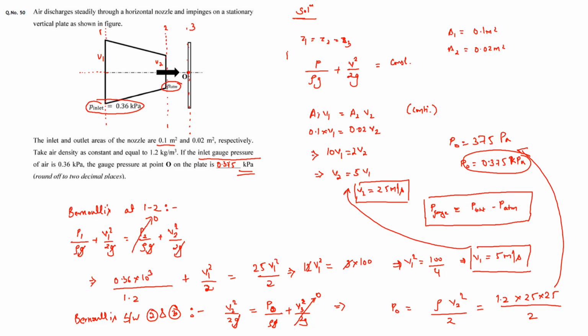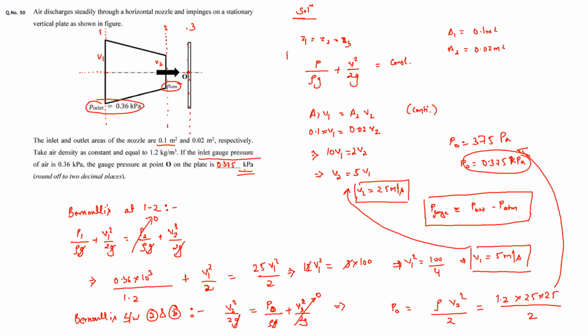So I guess the only thing here you need to be careful about is this Pascal to kilopascal conversion at the end. And yeah, the mistakes mostly happen at this point. After doing all this hard work, you can just forget to divide by 1000, and that will be disastrous.